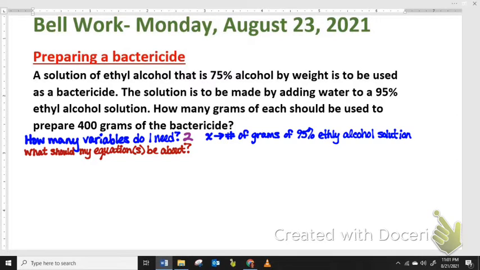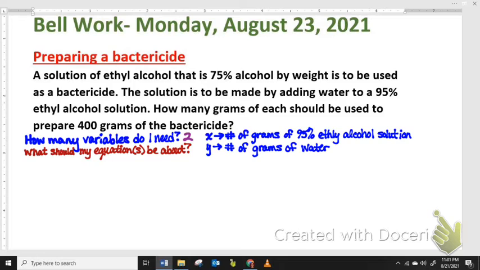And then my other variable is going to be y, and that's number of grams of water. So far, so good? All right, that's the first part of this battle. It's just what are my variables and what do they mean?